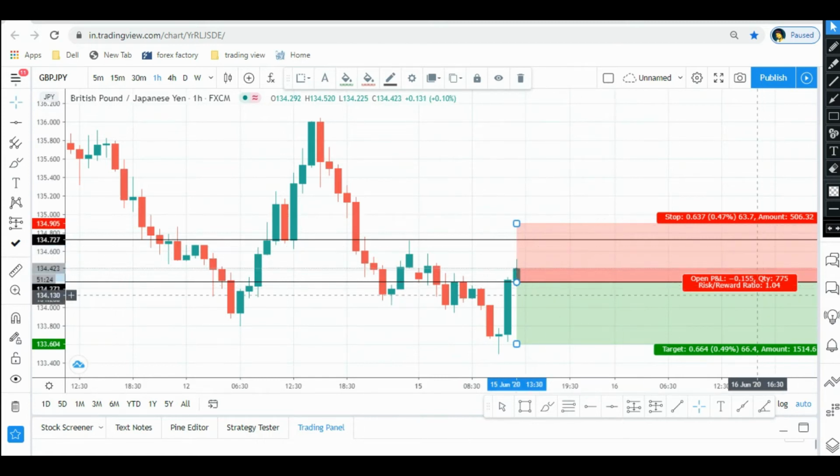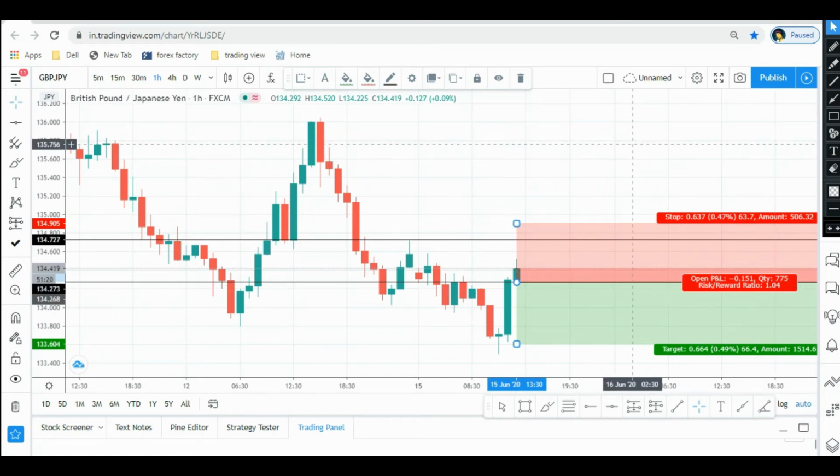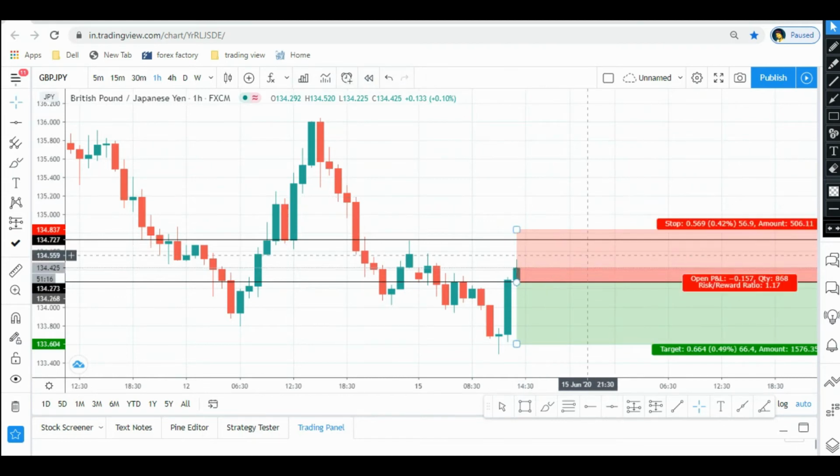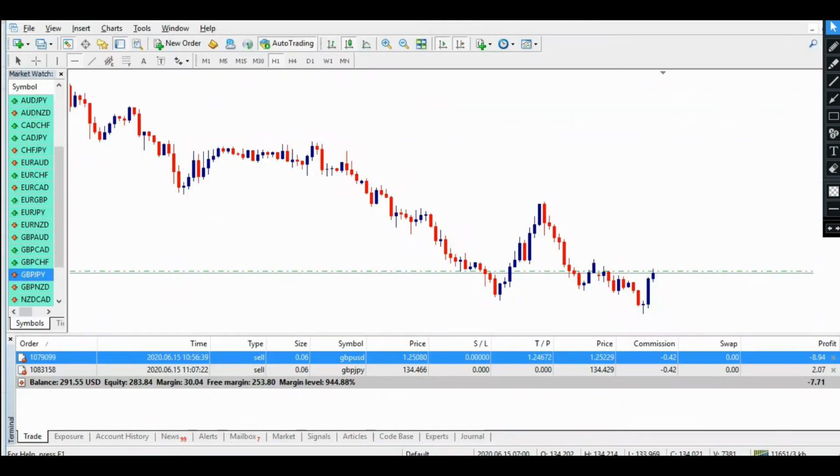So my profit ratio is 1:4. Okay, 1:10 ratio. So as you can see, both of the GBP trades are giving me profit.